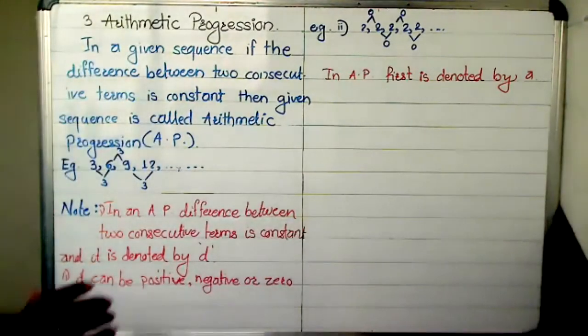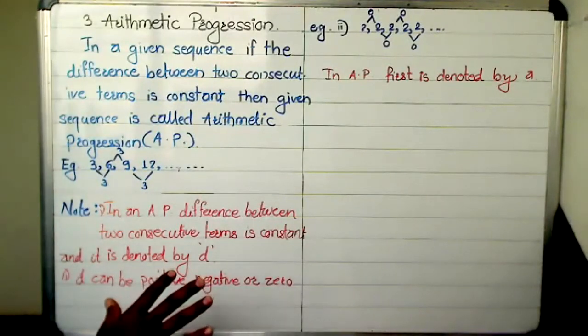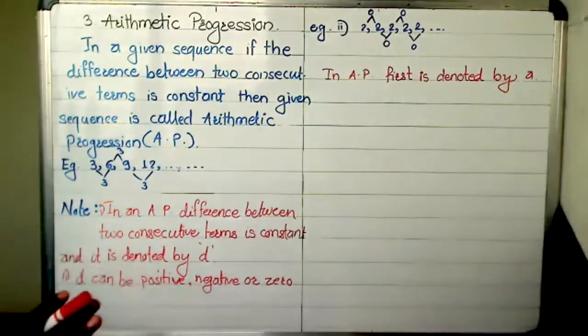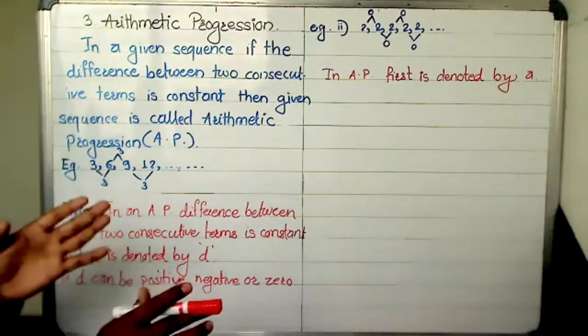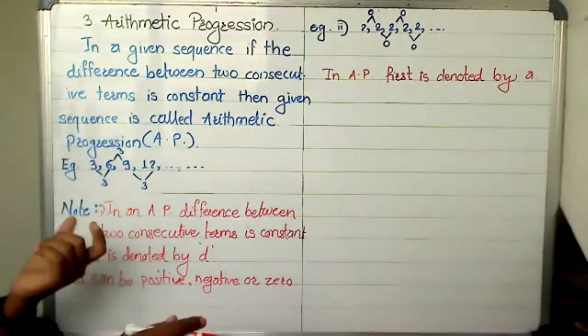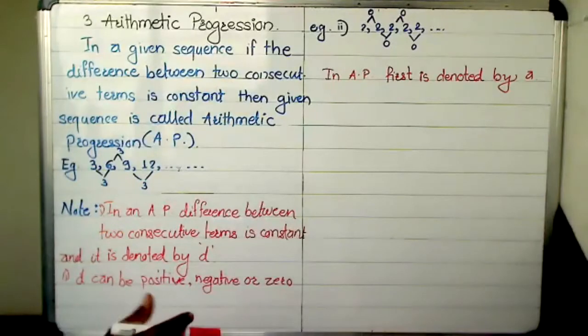So this is the theory about arithmetic progression. Which point do we have to remember first? A sequence is said to be an arithmetic progression if there is a constant difference between any two consecutive numbers of a given sequence.